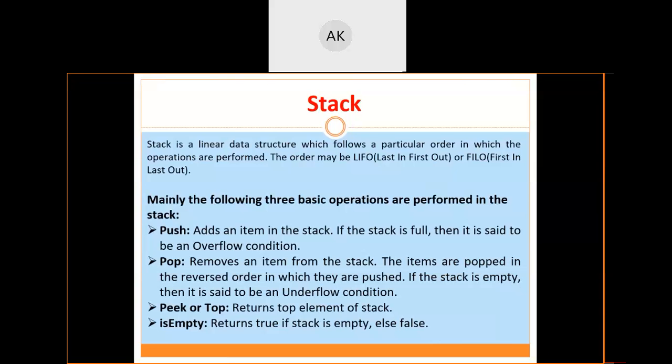The very first is the push operation: whenever we insert or add new elements into the stack, that is done by push. And when we remove elements from the stack, that is called the pop operation, right? Whereas peek and isEmpty are used to check the top element and whether the stack is empty or not. Hope the stack is quite clear.